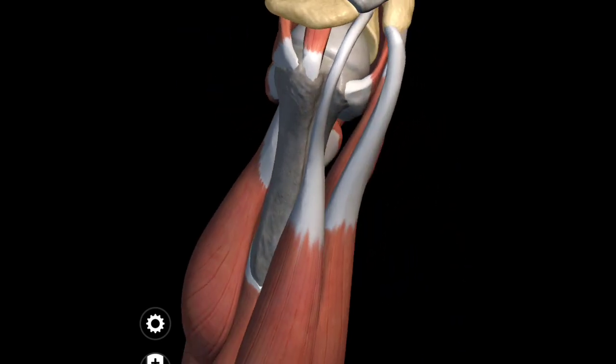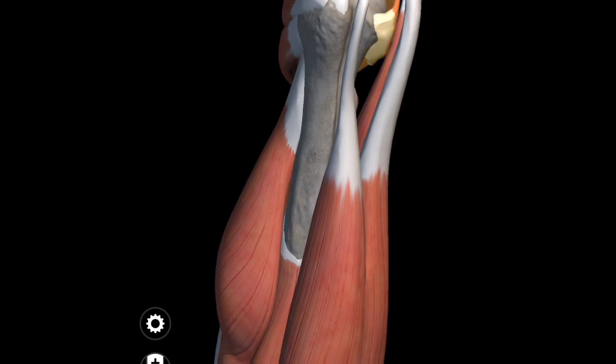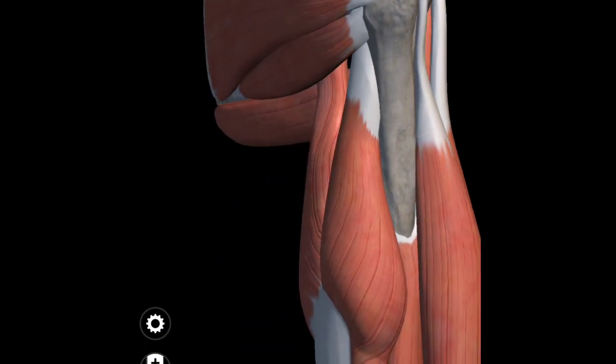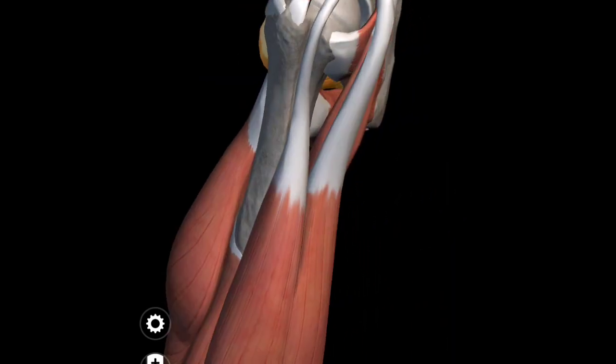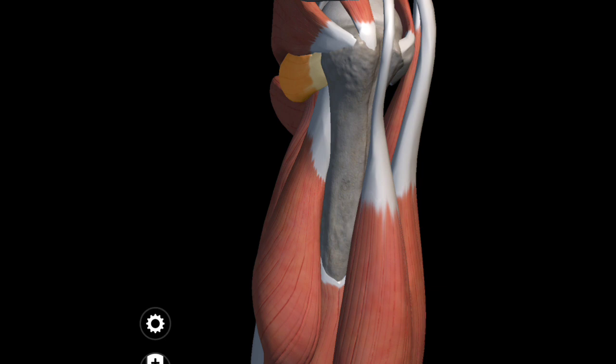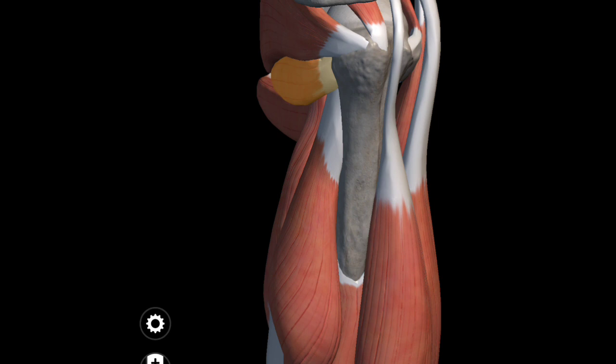The first muscle you see here is the subscapularis, and then there are the supraspinatus, infraspinatus, and teres minor. How can you remember that? Just remember SITS. The I will be small, and the T will be small in these letters, SITS.